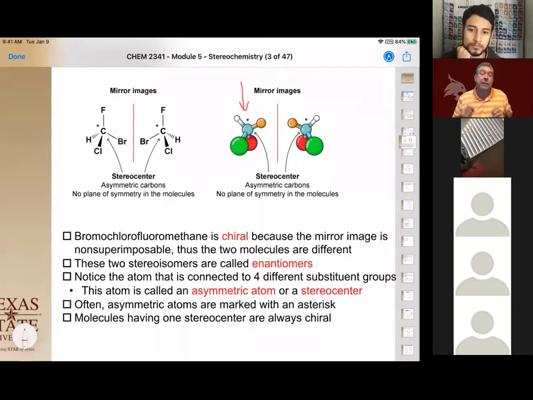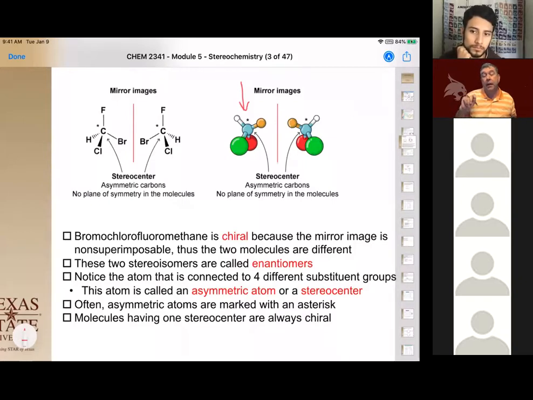But the stereocenter is the carbon that has those 4 other things bonded to it. That's the one we have to start with, and know where it is and the four things attached to it, to help us identify what isomer we have. So any molecule with a stereocenter, or four different groups on it, will always be chiral.